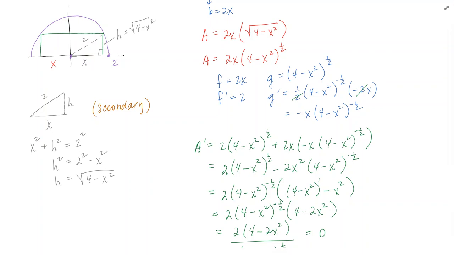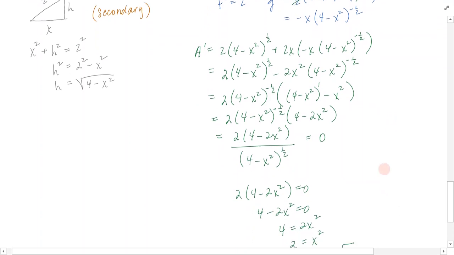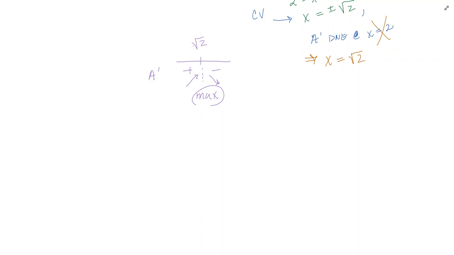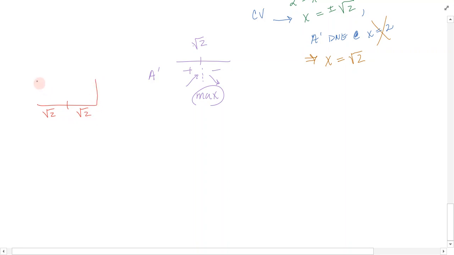Now the question is asking, what is the largest area and what are the dimensions? So I'm going to come down here and finish off what we were looking at. We know that we have our rectangle, which was the square root of 2 on the left of the center, the square root of 2 on the right of the center, and some height.